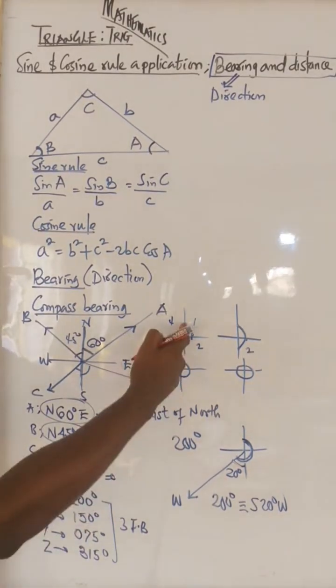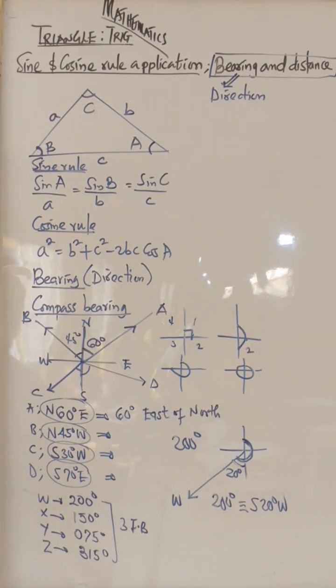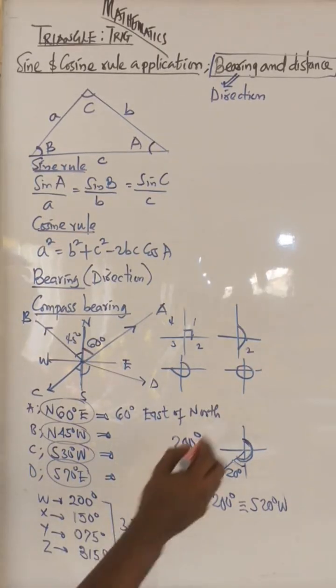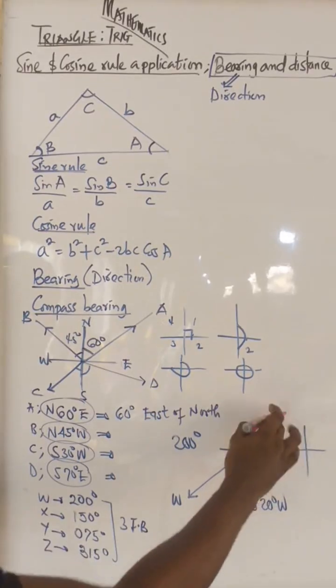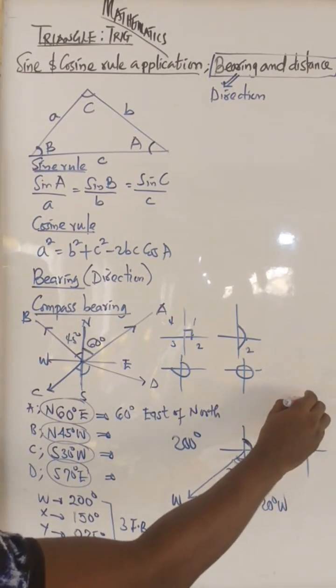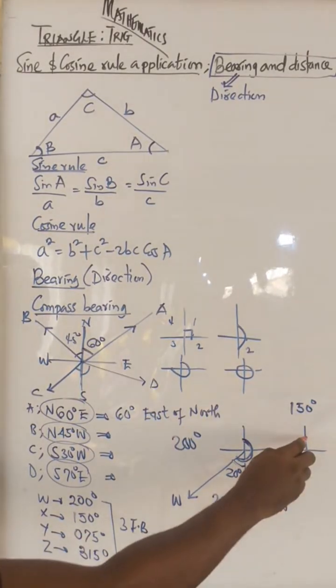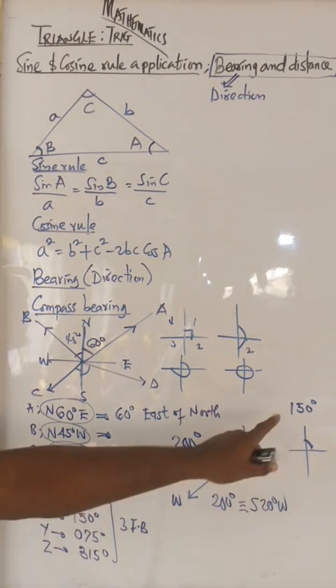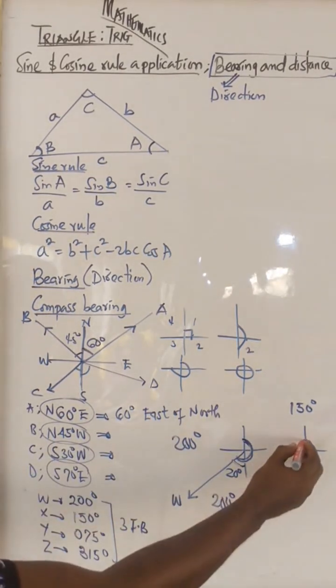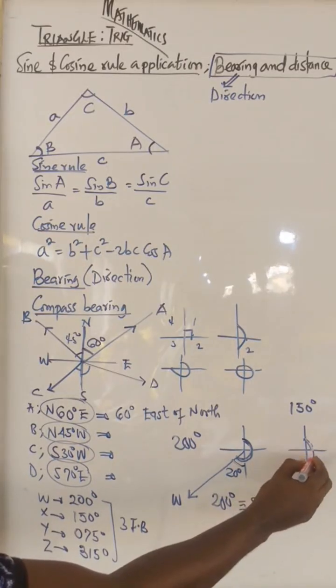Now let's take this 150 for example. 150 is more than 90, but it's not up to 180. So we can draw something like this. So we want to represent 150. We'll move 90, but it's not up to 180. So if we move 90 from 150, we have 60 left. So this is 90, then we have the remaining 60.